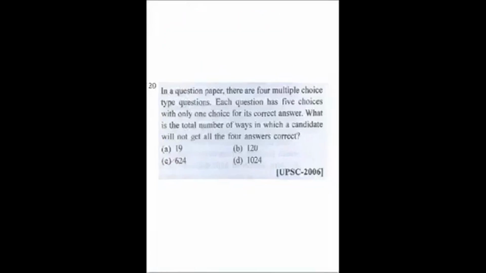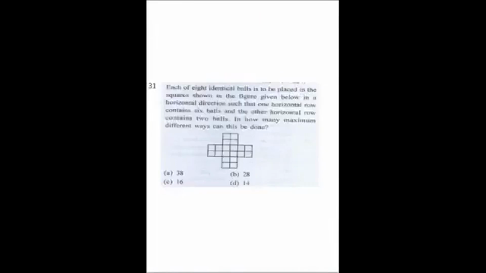In a question paper, each of 8 identical balls is to be placed in the squares shown in the figure given below in a horizontal direction, such that one horizontal row contains 6 balls and the other horizontal row contains 2 balls. In how many maximum different ways can this be done? So let's mark the rows.